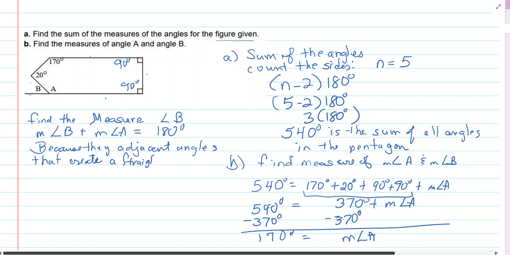A straight angle is 180 degrees. So we have this right there. So then I know that the measure of angle B plus the substitution for angle A has to equal 180 degrees, right? So I'm going to subtract the 170.